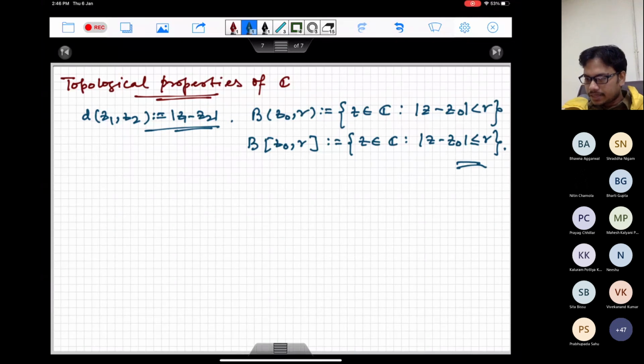In fact, if I take a sequence of complex numbers, I can analogously define what it means to say that the sequence converges to some number.